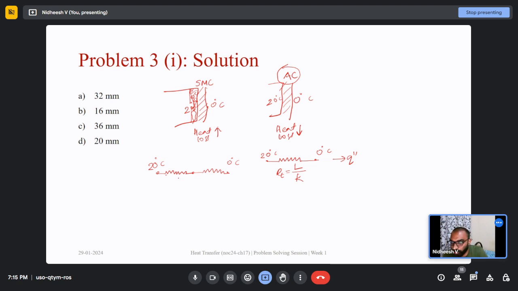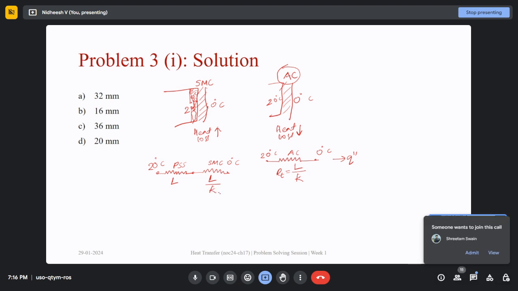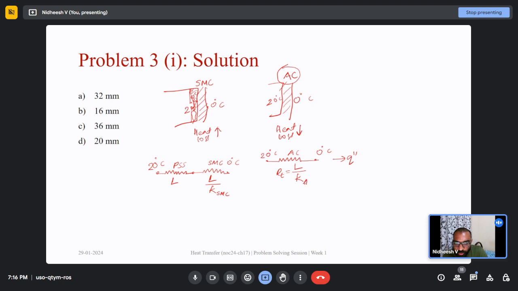So again, similar to this, we can write the equation as, say L is the length of the wall. Say this is stone mix concrete, this is polystyrene sheet, this is aerated concrete. The length of stone mix wall remains the same, it is L, and the thermal conductivity of stone mix concrete, thermal conductivity of aerated concrete.